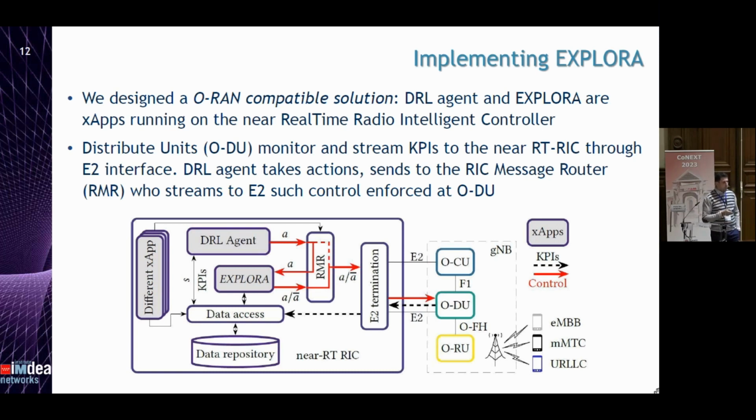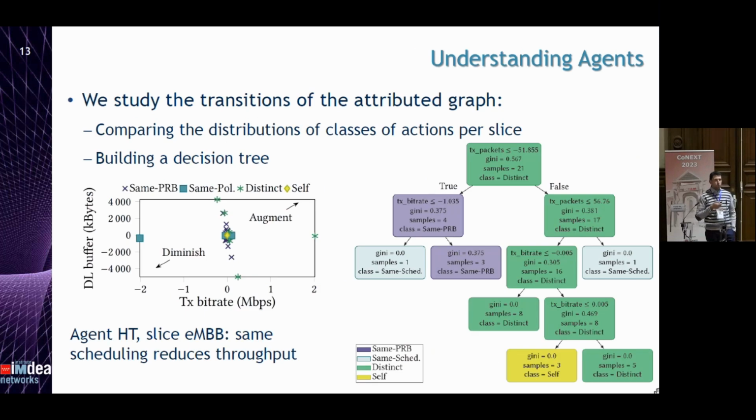So before going there, I want to show you the type of explanation that you can build with EXPLORA. Now the point is we have this graph, and what we can do is study transitions. Studying a transition between two nodes translates into understanding how the agent takes subsequent actions.